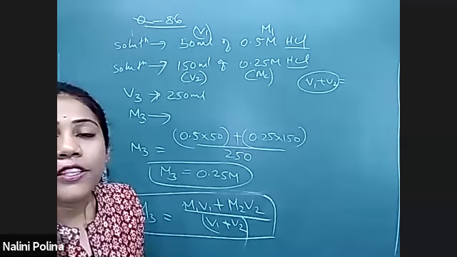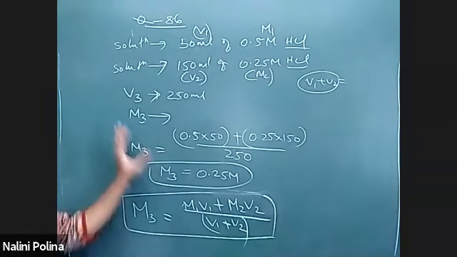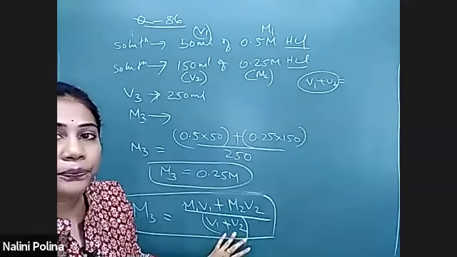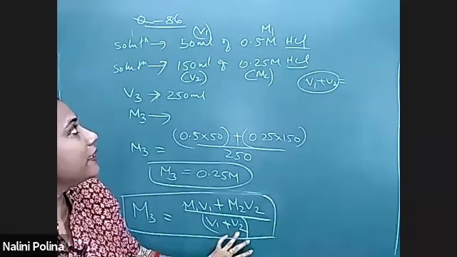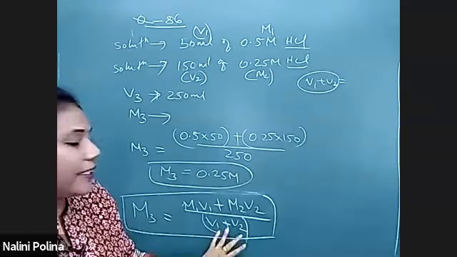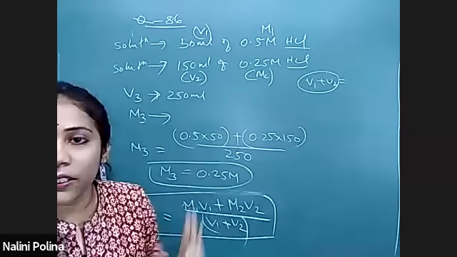Clear? So one point I want you to be clear on. Say in the formula, in the denominator you have V1 plus V2. So if you take V1 plus V2, in the denominator you will have how much? 150 plus 50, that is 200. If you have taken 200 here, you will get a wrong value.